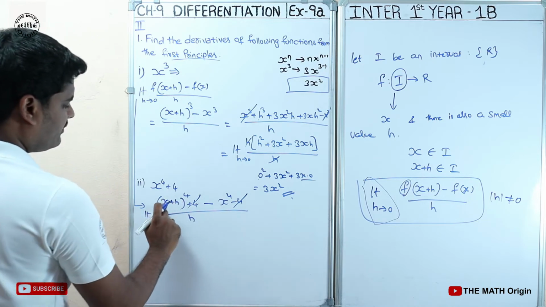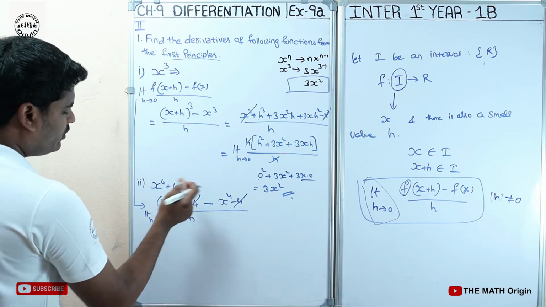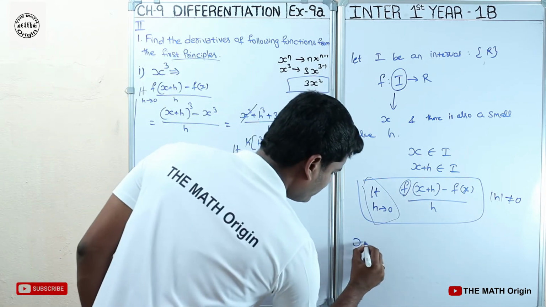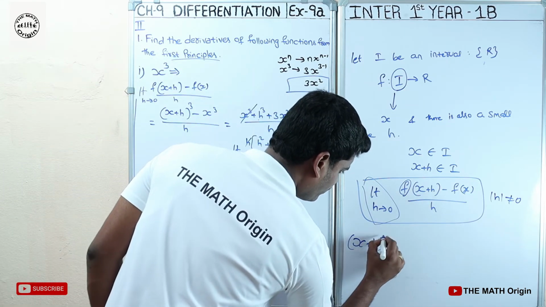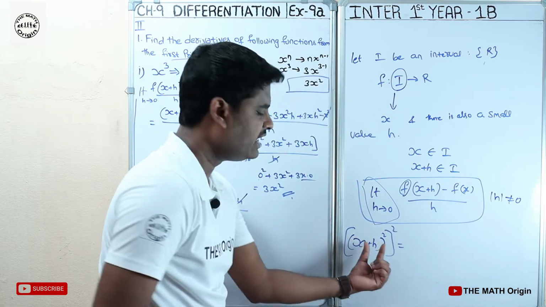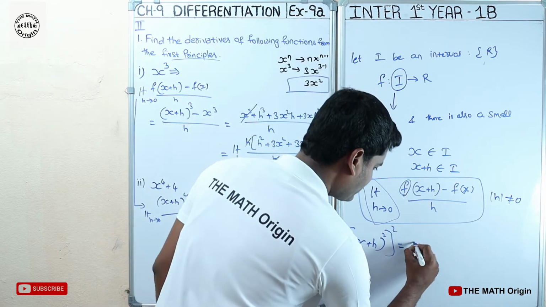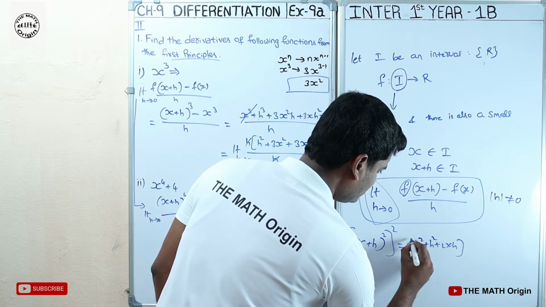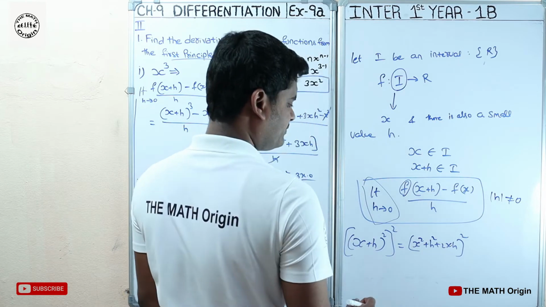From this, instead of x plus h whole power 4, I will write x plus h whole power 4 as whole square. First, internally I will simplify it, which is x square plus h square plus 2xh whole square.